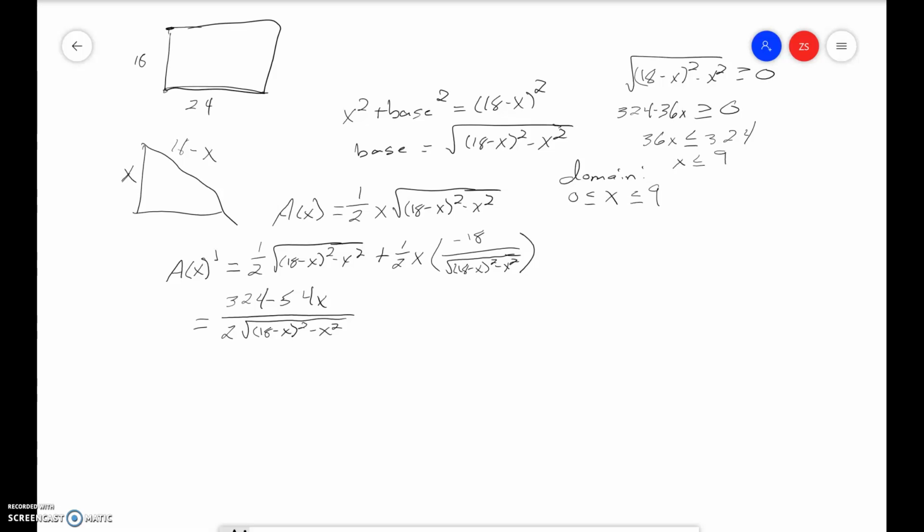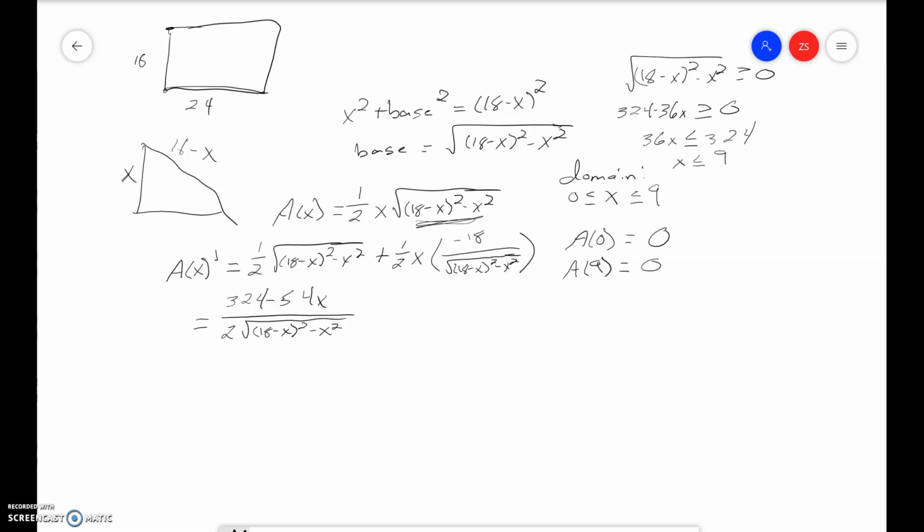So the endpoints of our domain, A of 0, is going to be obviously 0. And then A of 9 is also going to be equal to 0 because the thing in the square root here is going to be equal to 0.